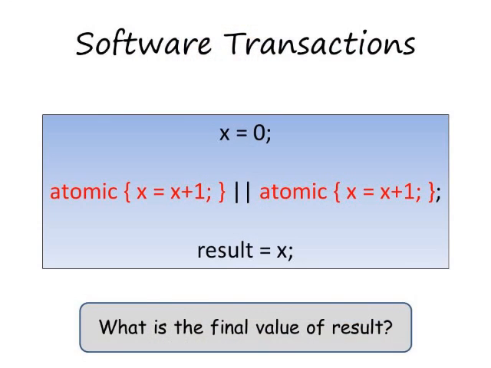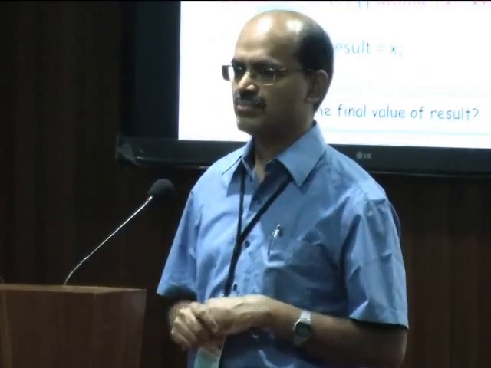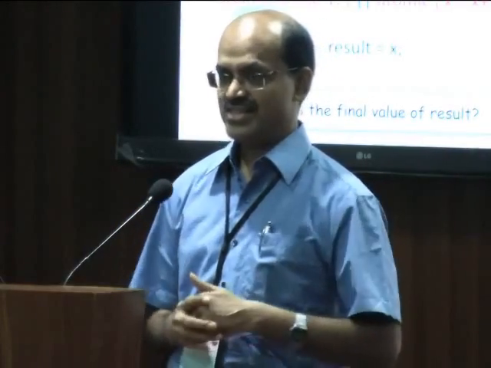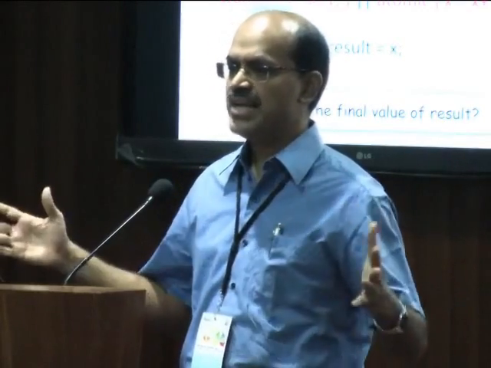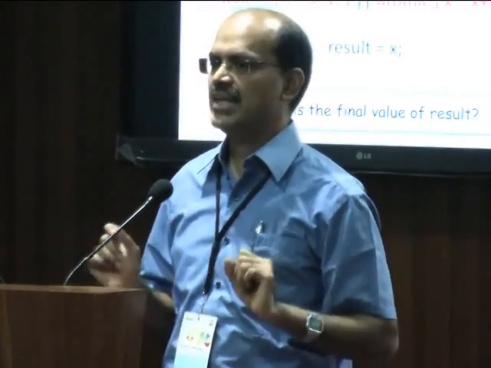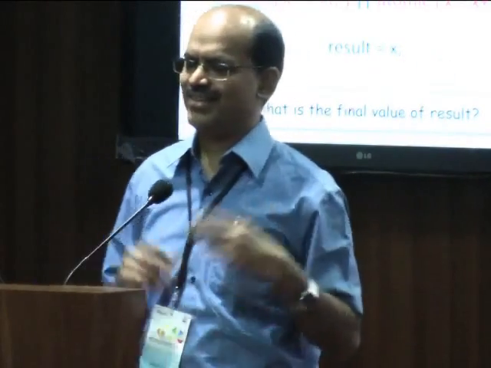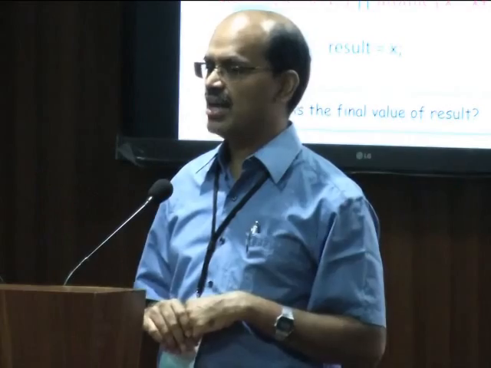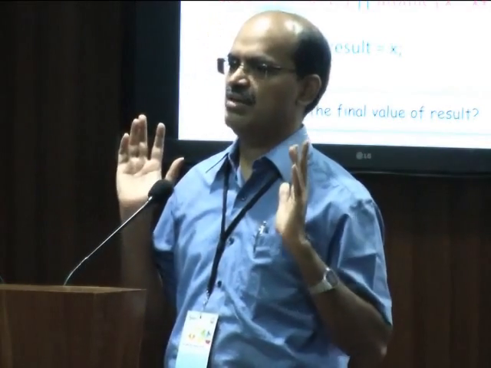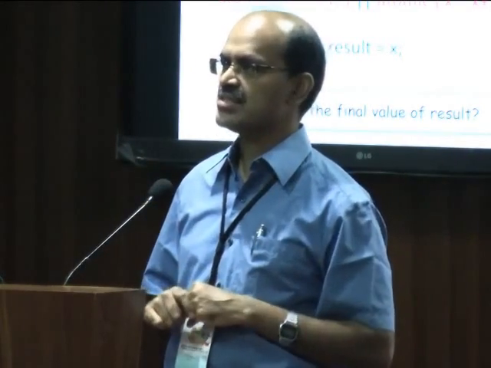Maybe an example will make it easier. If we go back to the earlier example we had, it would be nice if instead of having to talk about locks and implementation mechanisms, you simply enclosed this code fragment and said this code fragment should execute atomically. Here the keyword atomic is used in a programming language context often to denote what is called isolation in databases.